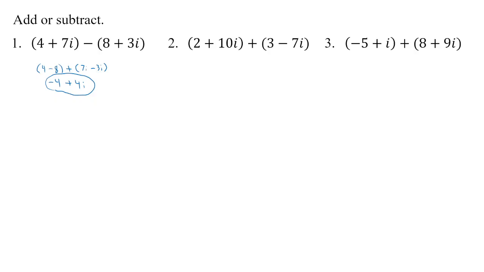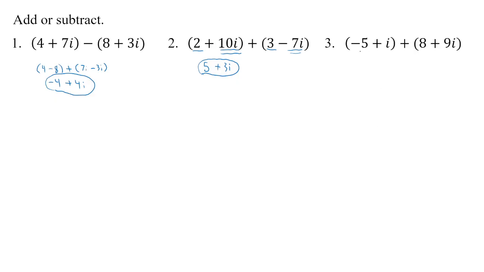On number 2, we got one pair of like terms. 2 plus 3 is 5. And then we have the other pair, 10i minus 7i is 3i. Therefore, the final solution is 5 plus 3i.